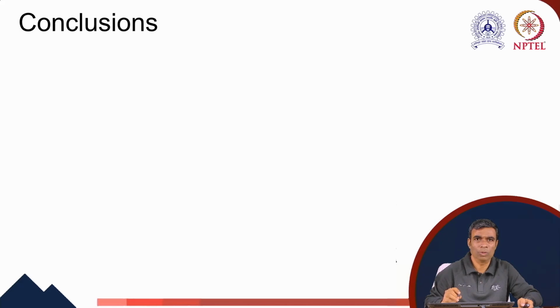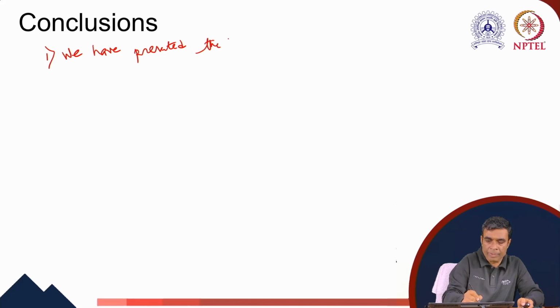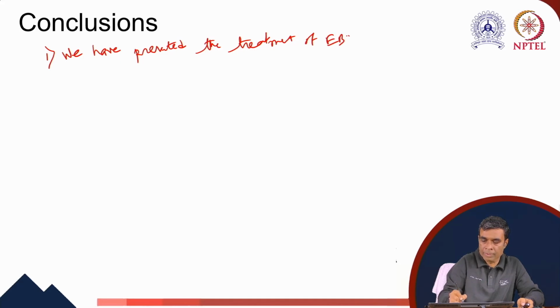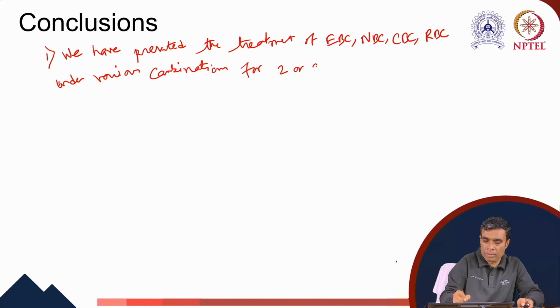So we conclude today's class here. In today's class, we have presented the treatment of EBC, NBC, CBC and RBC under various combinations for 2 or 3 noded bar elements.